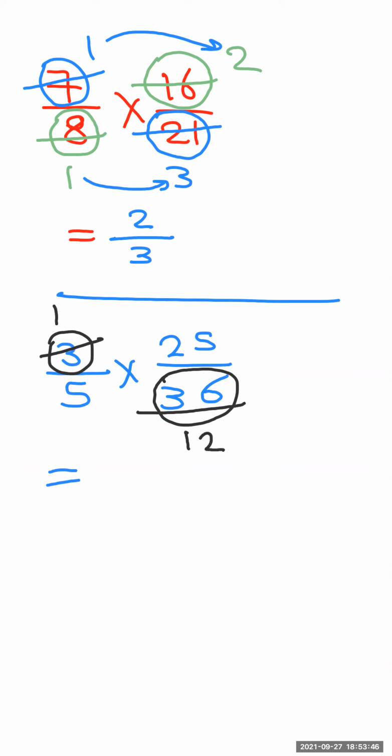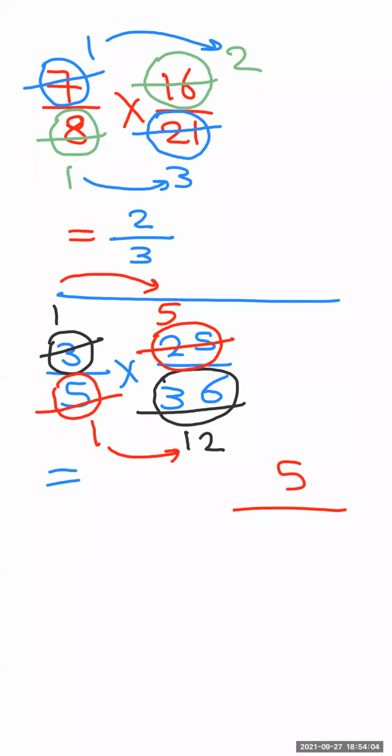Okay. Anything else? Yes, of course. We can simplify 5 and 25. Divide the two numbers by 5. So 5 divided by 5 means 1. 25 divided by 5 means 5. Now it becomes very easy. 1 times 5 means 5 over 1 times 12 means 12.